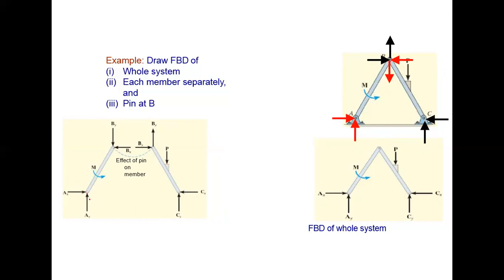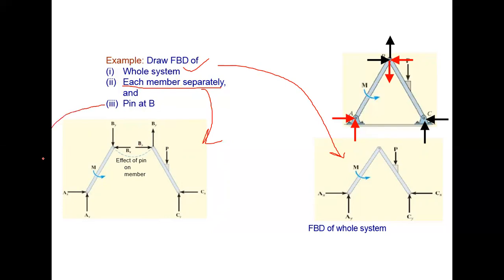So this is AX, AY, this is BY, and this one is BX. So done. The FBD of the whole system we have already shown, then the FBD of each member separately we have shown in this figure.